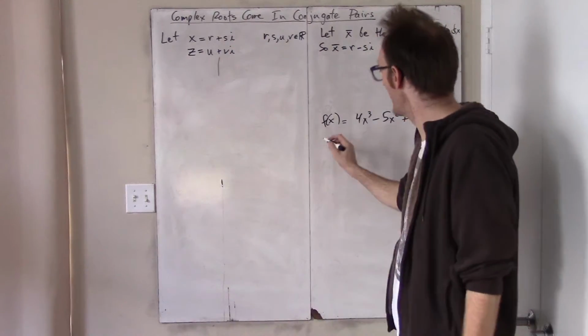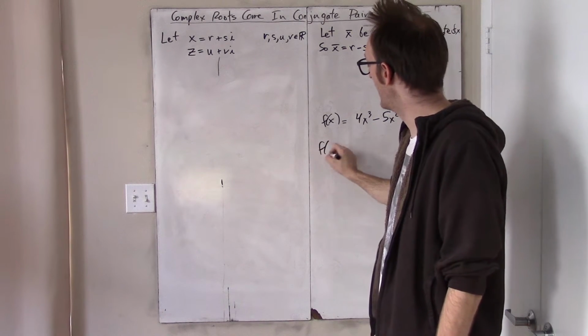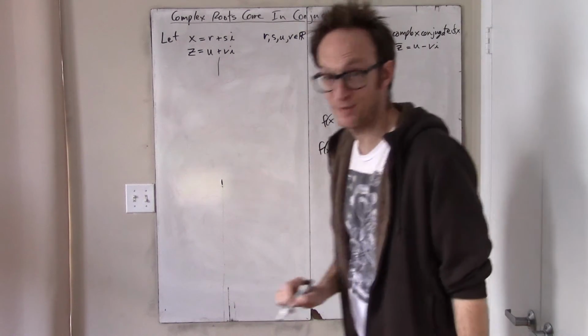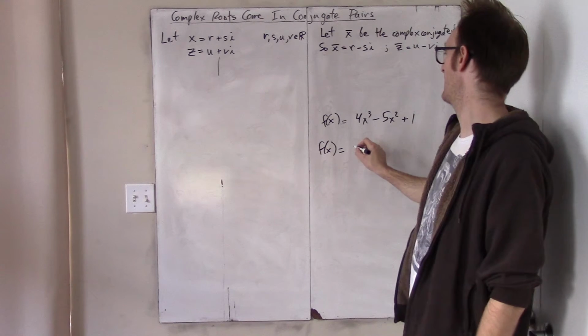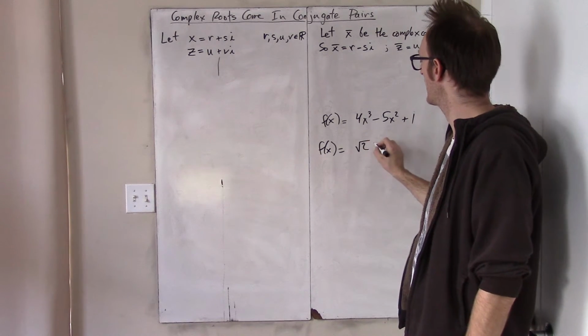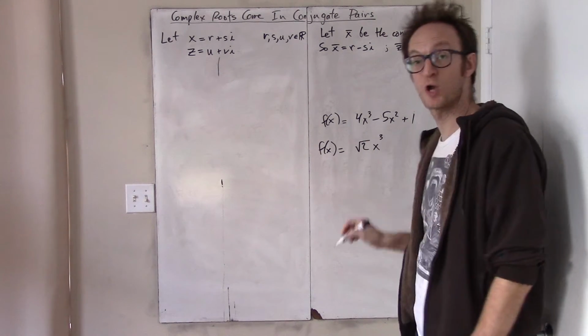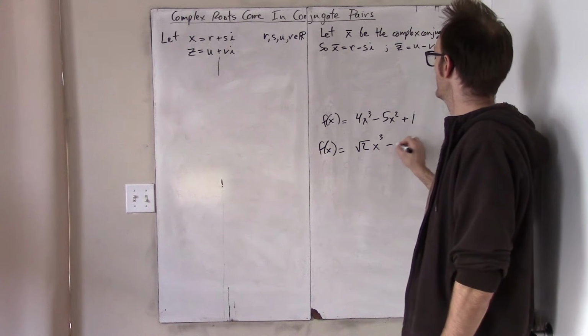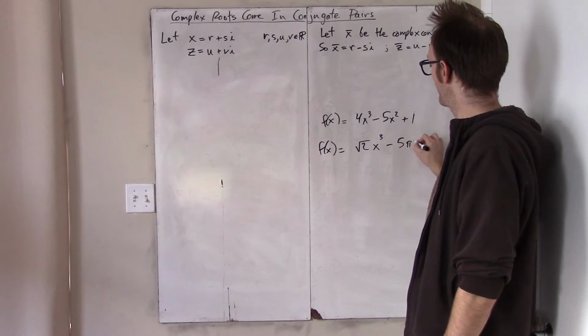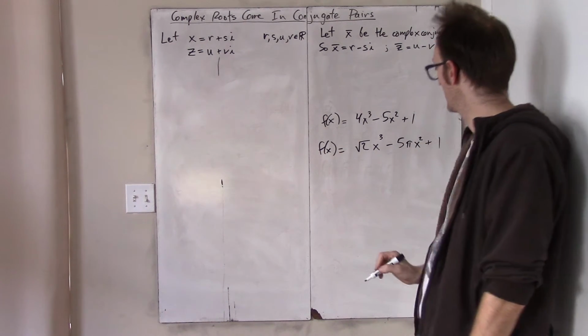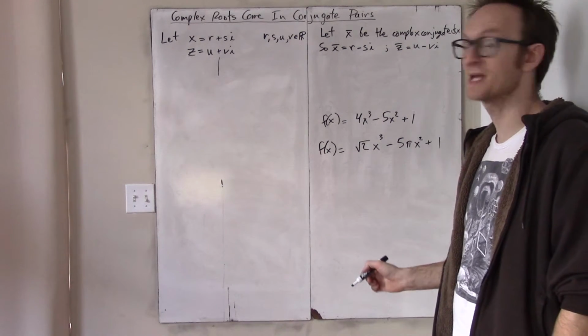But if I really have to, I will accept, though I'm not happy about it, kind of disgusting polynomials whose coefficients are irrational numbers, like 5 pi x squared or something like that. I'm less happy about that.